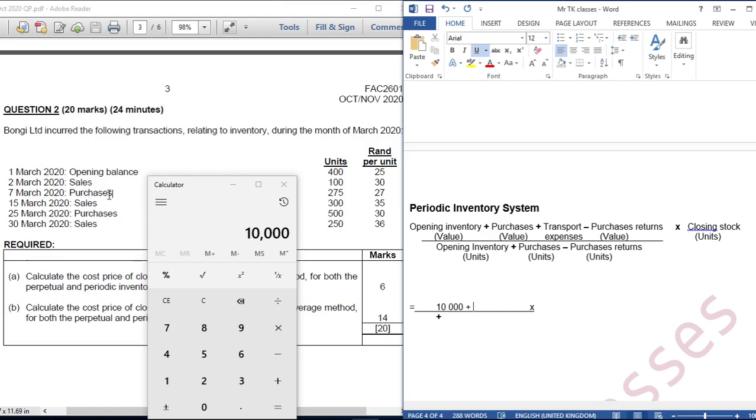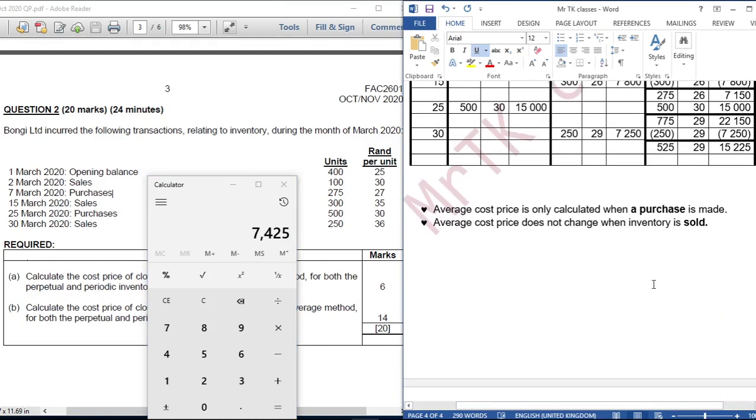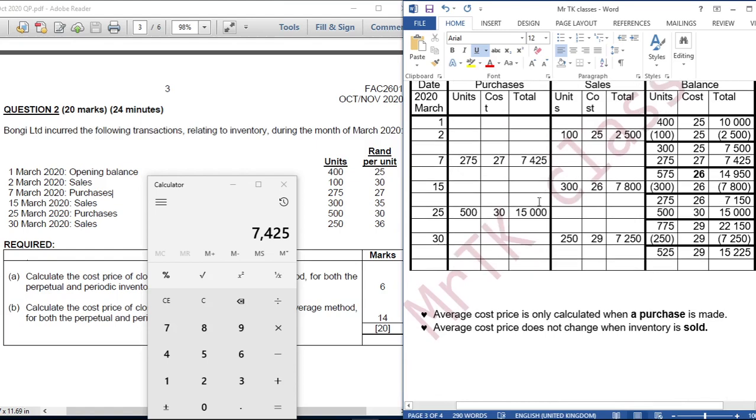We need to add all the purchases, so we can just add them one by one. All right, we have a purchase here, 275 by 27, 7,425. I just need to confirm with our calculations here.